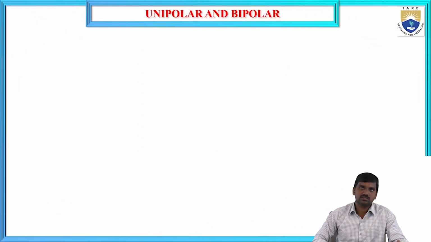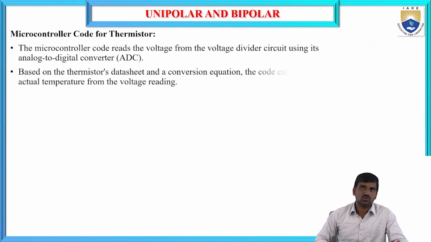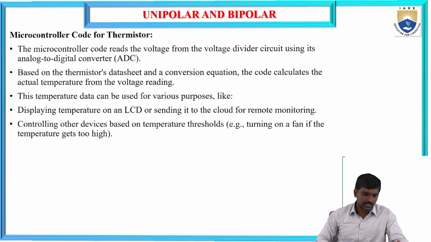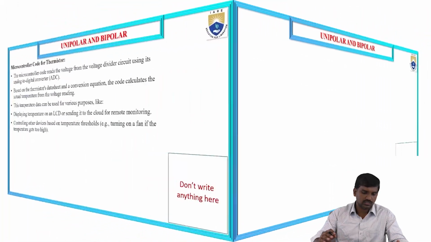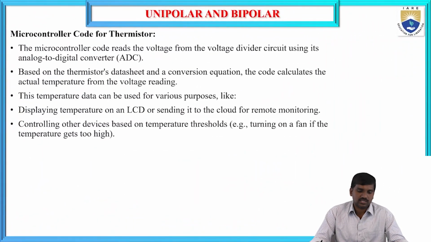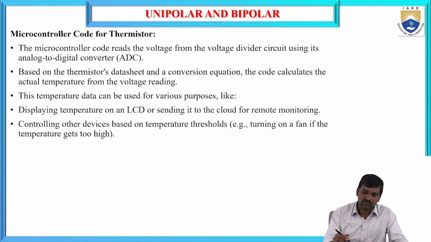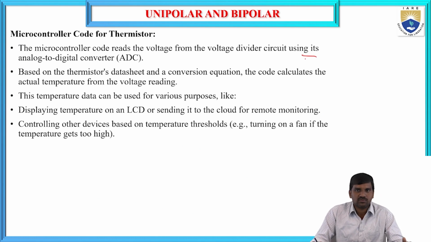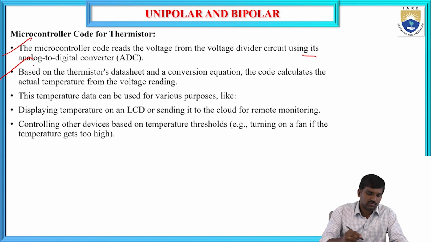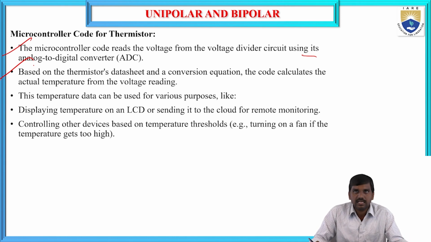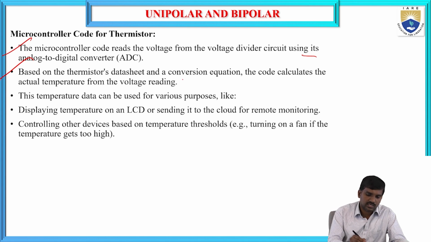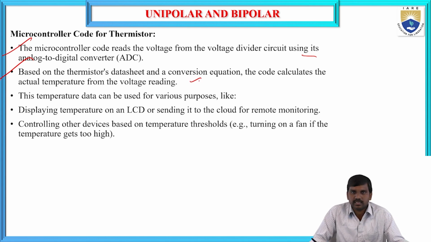And next is the microcontroller code for thermistor. In order to write the code, the microcontroller code reads the voltage from the voltage divider circuit using the analog to digital converter. That is the first one. The second one, based on the thermistor data sheet and a conversion equation, the code calculates the actual temperature from the voltage reading.